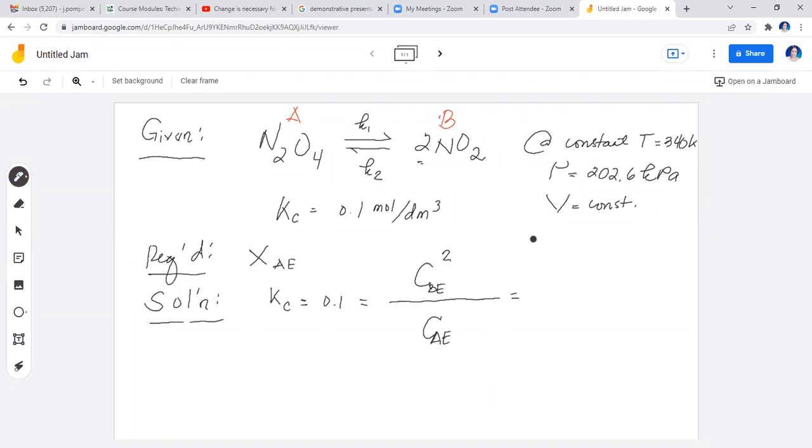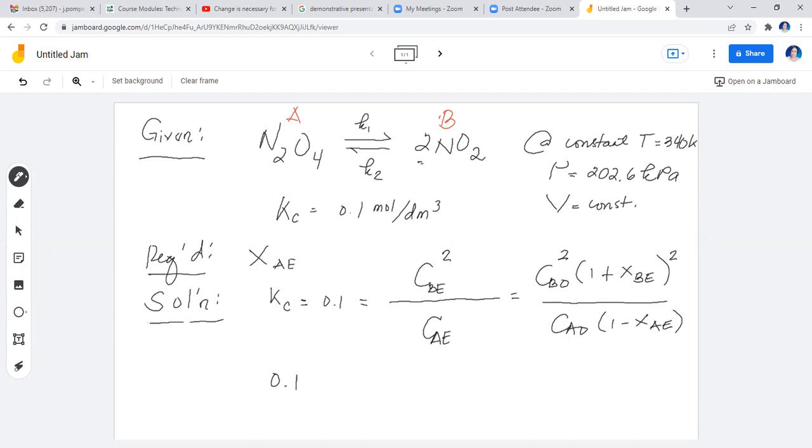I will have CBO times 1. B is being produced, so it should be plus XBE divided by CAO times 1 minus XAE. This has to be squared, and this has to be squared. Then we will simplify further.